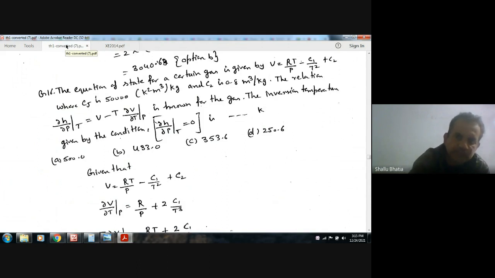Now we have this relationship V equals RT by P minus C1 by T squared plus C2. Here the relationship is given in terms of temperature and pressure.